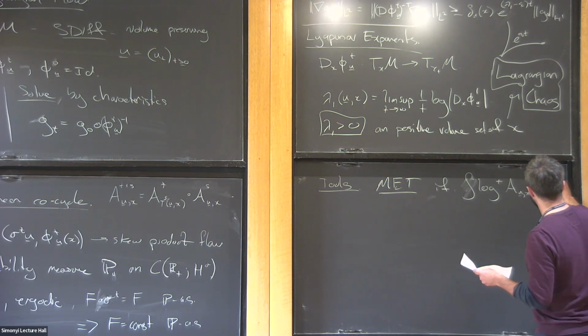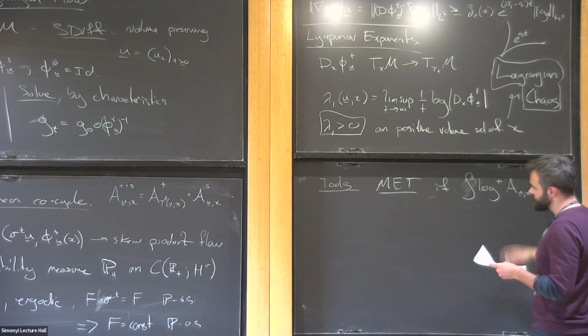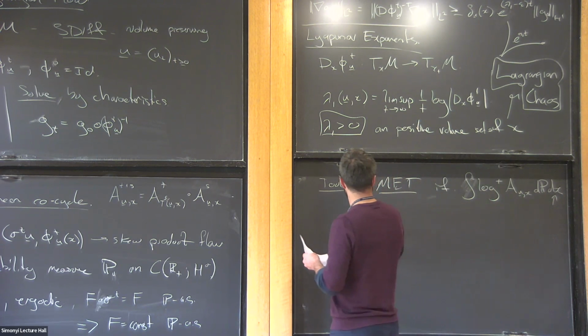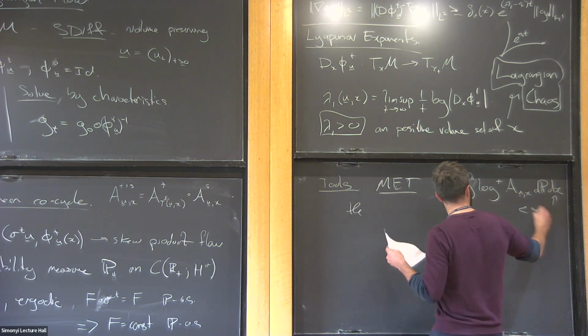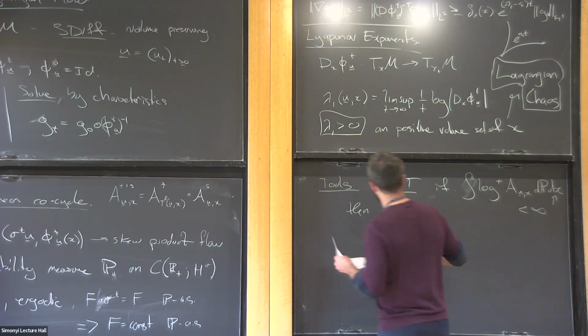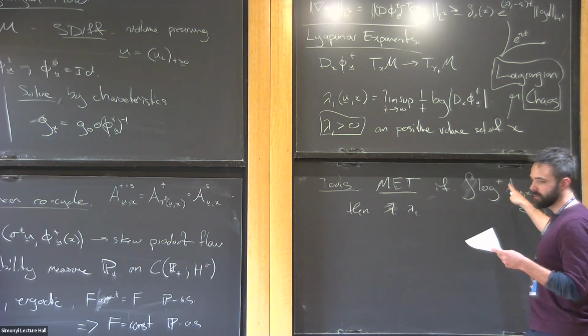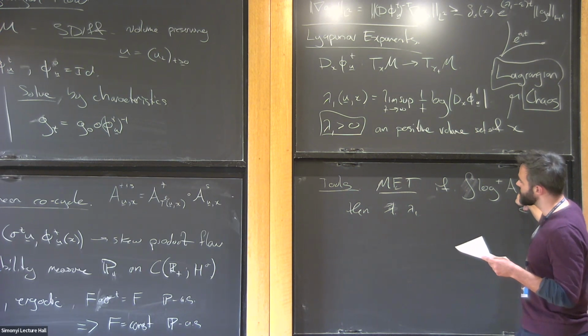I have been a little sloppy with the x. This is the volume measure on the manifold. If this is finite, then there exists a number lambda that doesn't depend on the initial data or the entire velocity path.